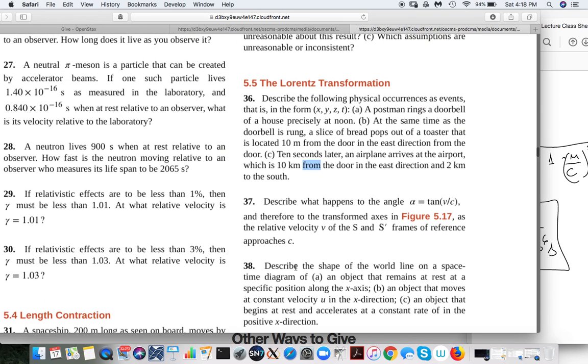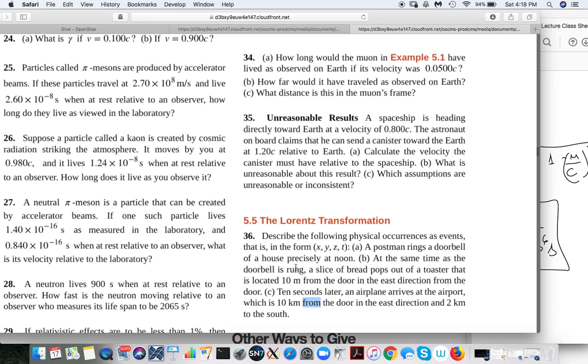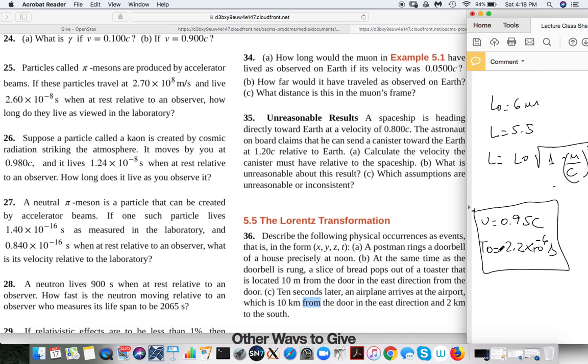So we want to find the length as observed by somebody on Earth. How do we do that? The length is equal to the length observed in the muon rest frame. Do we have that? No, we don't. We have the proper time, so we can use the laws of physics to find the time observed by somebody on Earth.